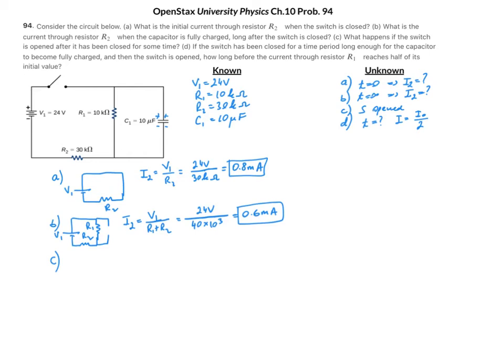In part D, we want to know how long it takes for the current going through this resistor to fall to half its initial value when we first opened the switch and the capacitor started discharging through the resistor. So we know that V is V naught e to the negative t over tau. Is this the correct equation? So we want, when we first open the switch again, the capacitor to be charged.